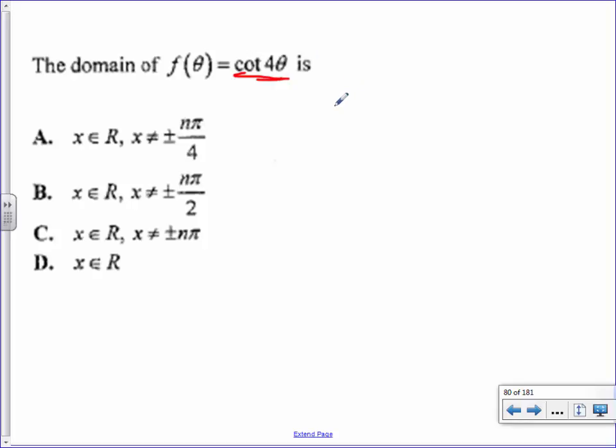No, it was just every pi, actually. Tan and cotan repeated every pi. So that's normally, it repeats every pi. What does a 4 do, though? Squishes everything in. So now your domain will be pi over 4.